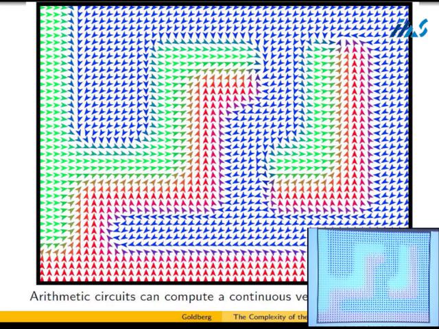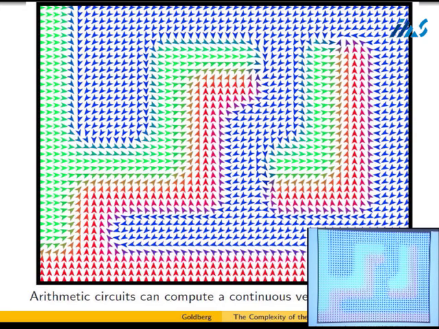But where 3 colours meet, such as here or here or here, these correspond to points where we're arbitrarily close to points that are getting dragged in all 3 directions. And it turns out that any way of interpolating smoothly is going to lead to fixed points of the continuous function.